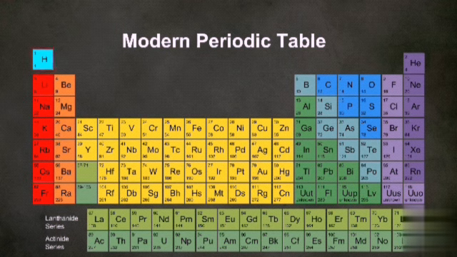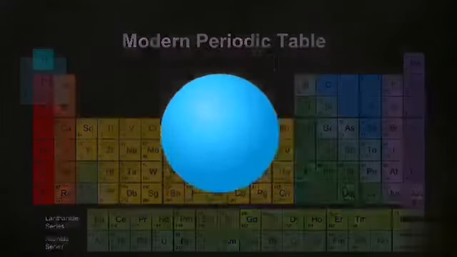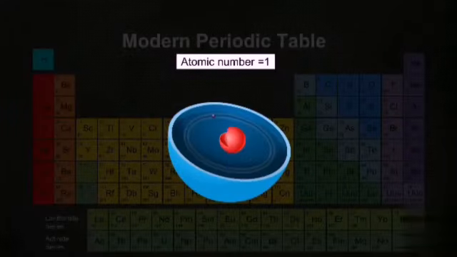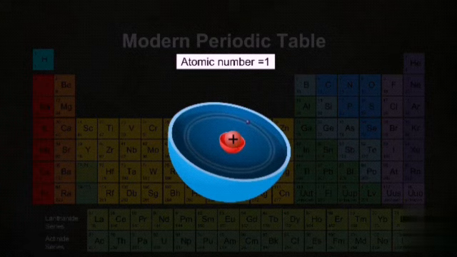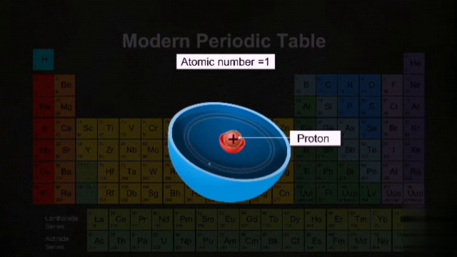The atomic number of hydrogen is 1. So it has only one proton and one electron. So its electronic configuration is 1s1.